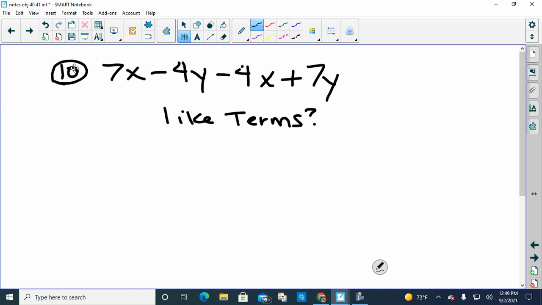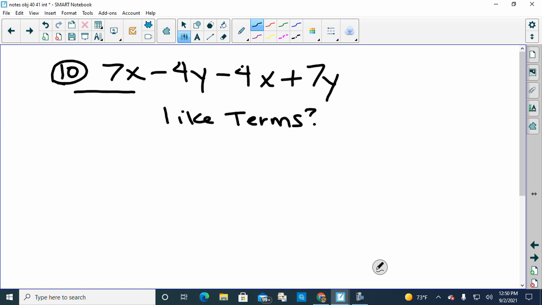Okay. Now, starting our first problem. So write number 10 down. We're starting with number 10. So 7x minus 4y minus 4x plus 7y. Okay, so it's like our ducks and our Broncos. We have x's and we have y's. Okay, so you only look to see what is the number in front. Okay, so in this one, it's saying I have 7x's here, and then over here it says I have a minus 4x.